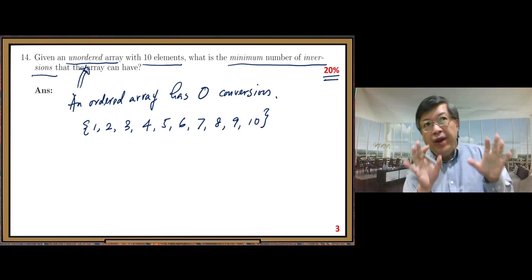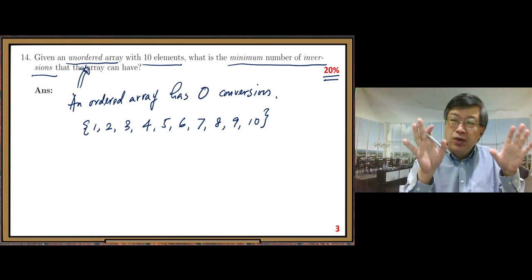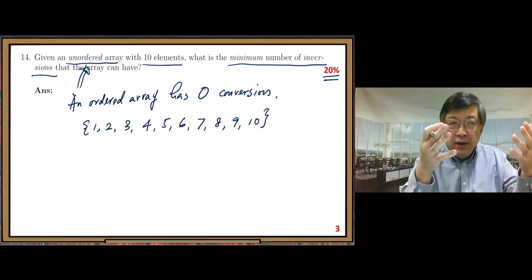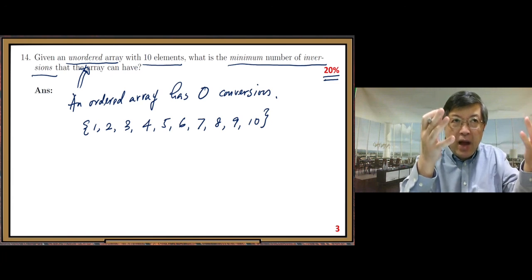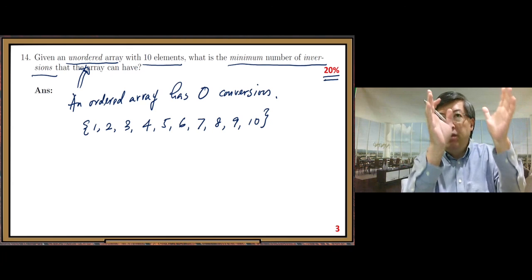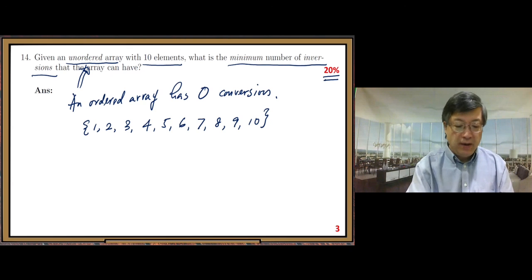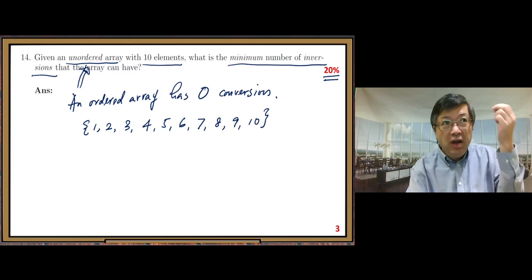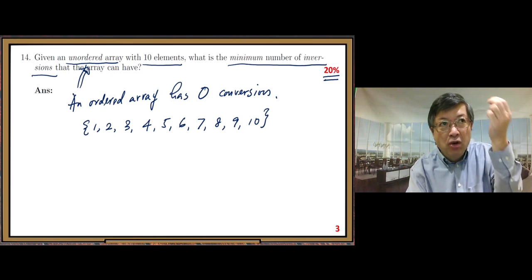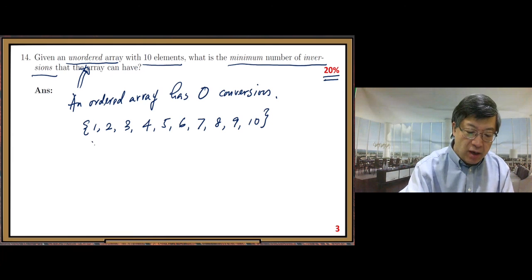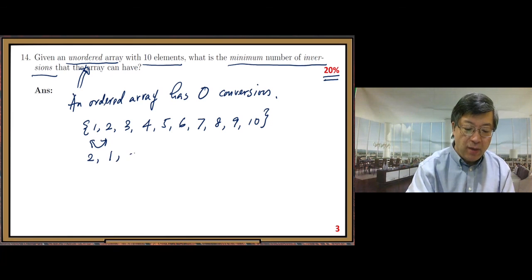So we need to break it. We need to make this ordered array unordered, and after that we want the number of inversions to be the minimum. Just make one small change. How about we swap 1 and 2? Let's make it 2, 1, remaining the same.